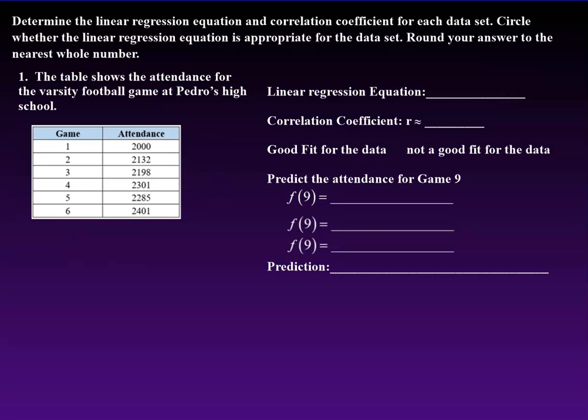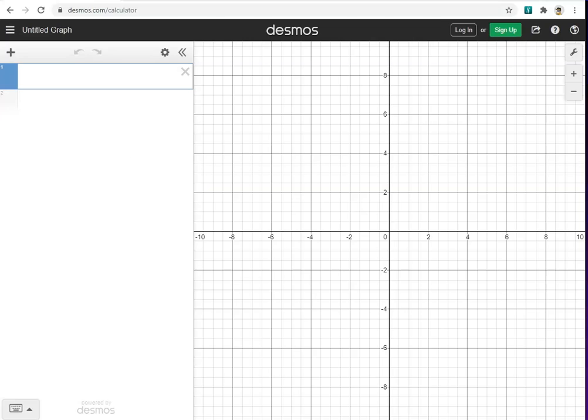So if you don't have Desmos up, you should pause the video here and load Desmos right now. So in Desmos, the first thing we're going to need to do is click on the plus in the upper left-hand corner. And then we're going to go down to Table.